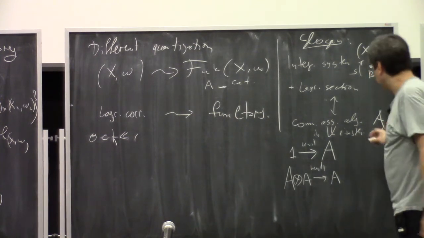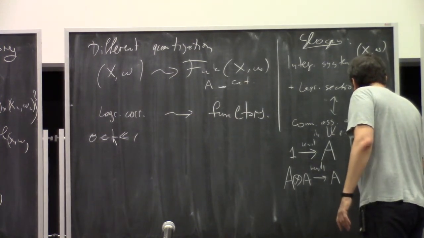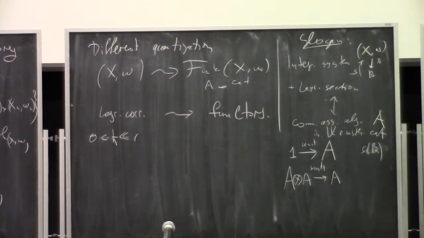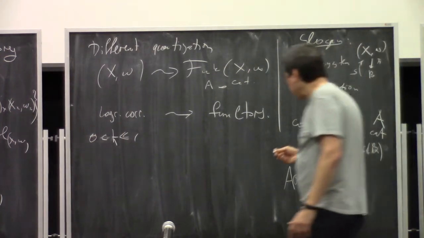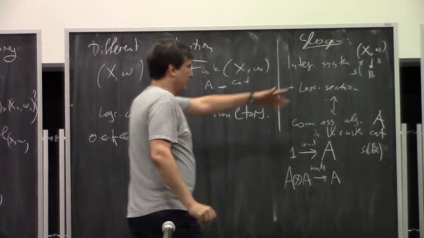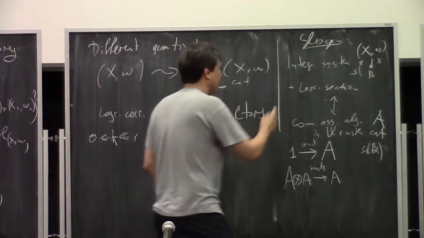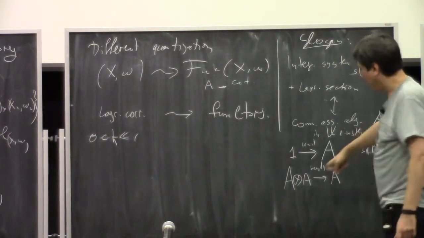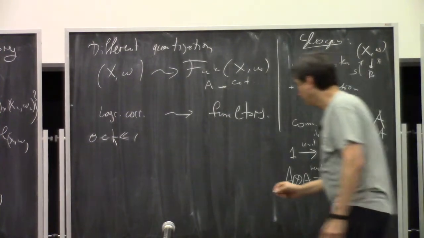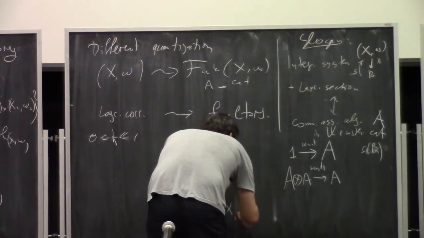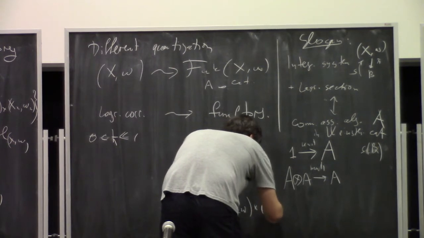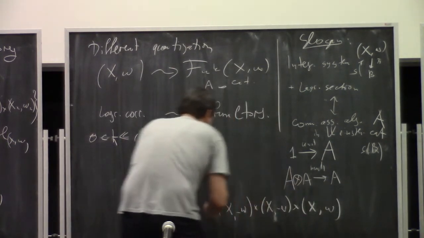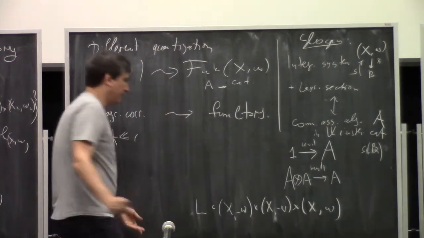The unit is given by a section, a Lagrangian section. And what is the multiplication? Multiplication is given by a Lagrangian manifold in the product of 3 copies of X, two with opposite symplectic form and one with the original one. It is given by the following.